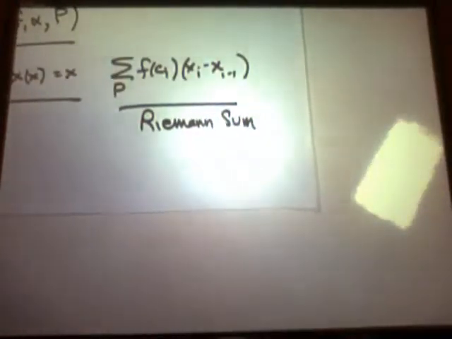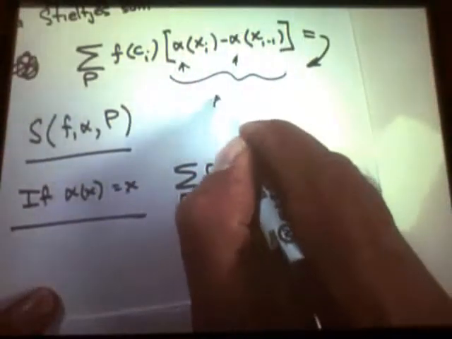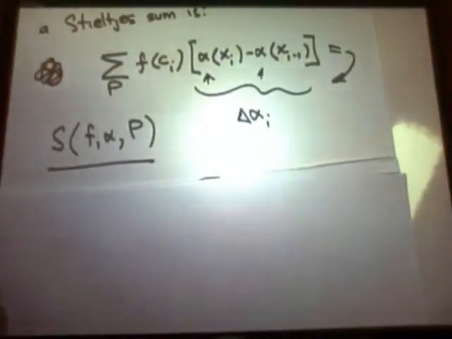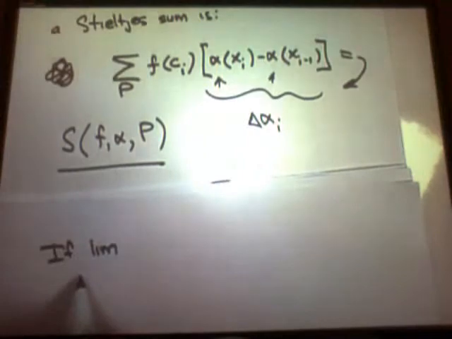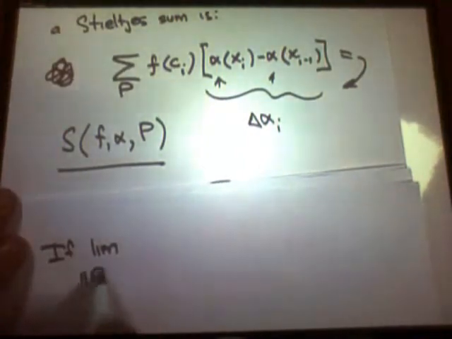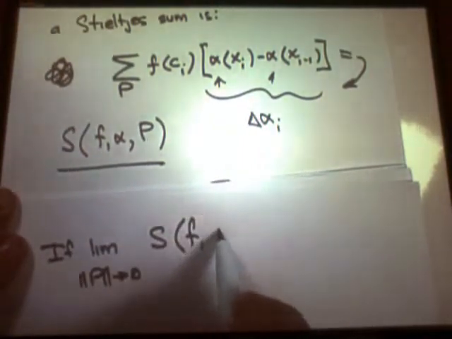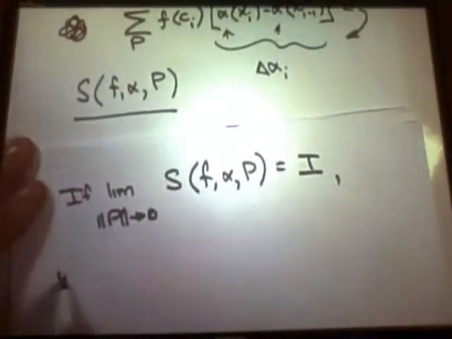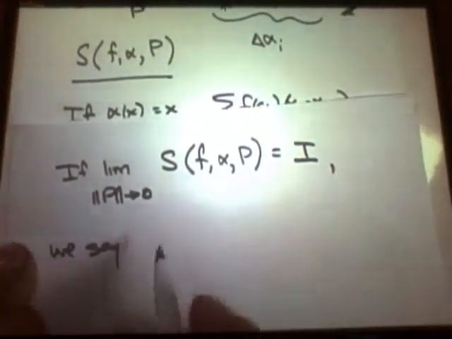By the way, very often this is written delta alpha sub i. Okay? So if the limit as the norm of the partition goes to 0 of S(f, alpha, P) equals I, we say that f is Stieltjes integrable.